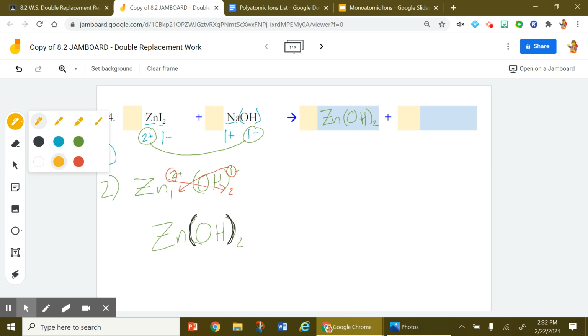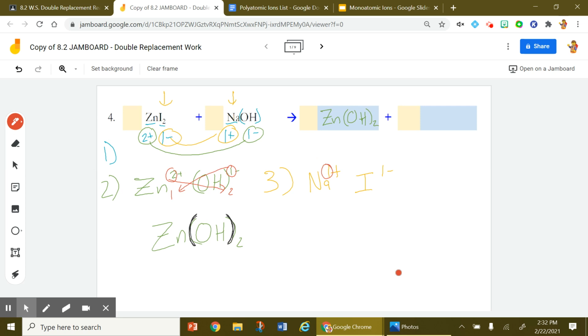Step 3 is we crisscross to make the next compound, where we combine the positive ion from this one with the negative ion from this one. So that +1 sodium combining with that -1 iodide. So sodium 1+, and iodine 1-.